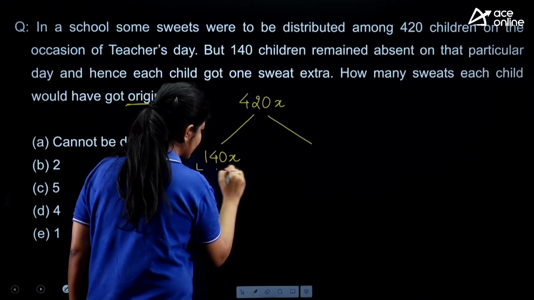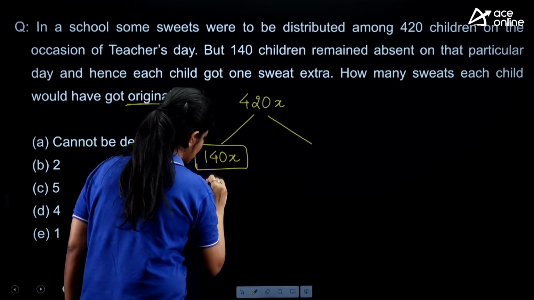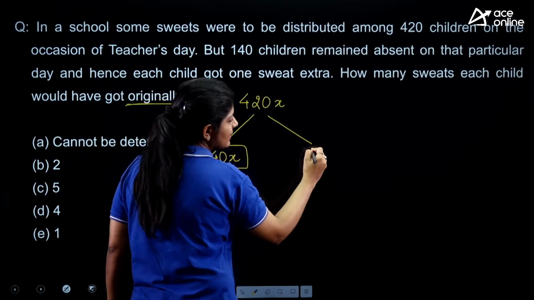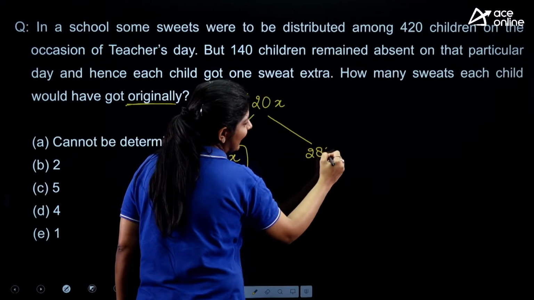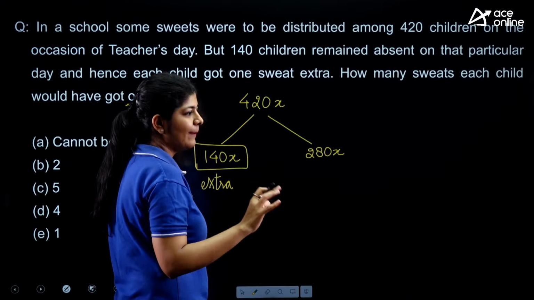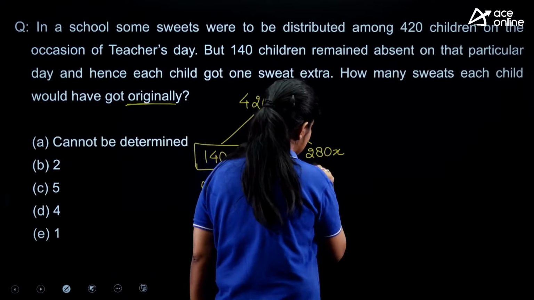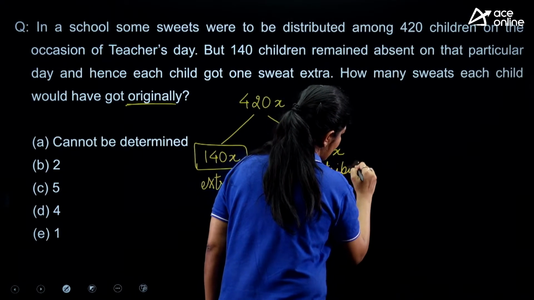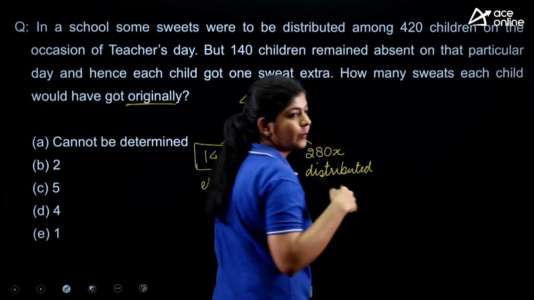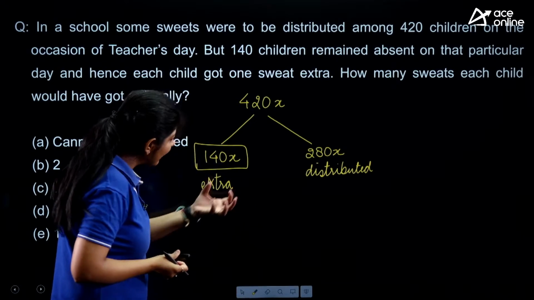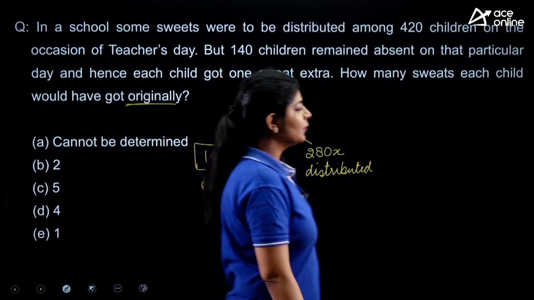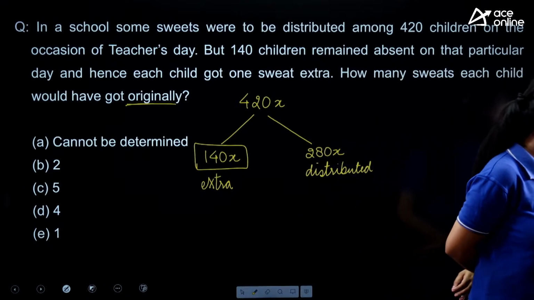These are the sweets which are extra. And out of this, 280x sweets are distributed among the students. These are the sweets which are already distributed among the students. Now what do I have to do? I have to distribute these number of sweets. So on which multiple is it present?